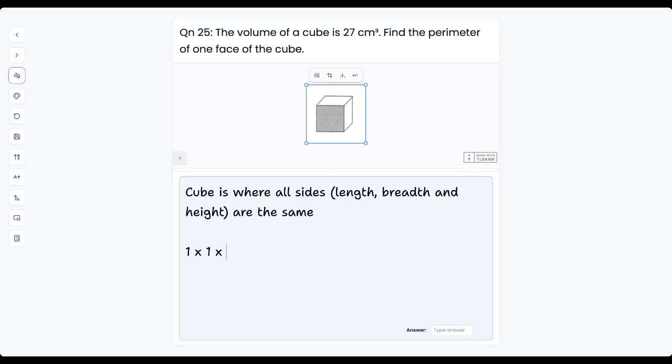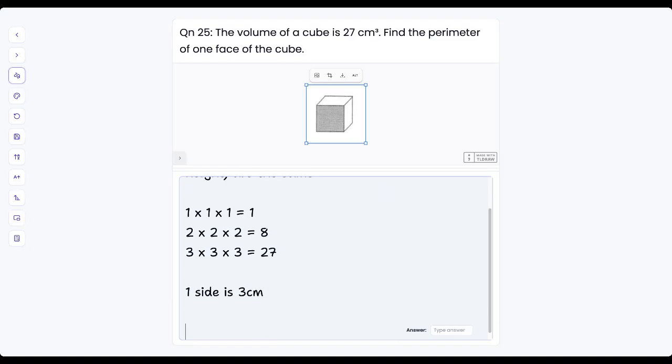1 times 1 times 1 equal to 1. 2 times 2 times 2 equal to 8. And then 3 times 3 times 3 equal to, not 9, 27. Okay, so that means one side is 3 centimeters. Okay, so what's the perimeter of the face of the cube?